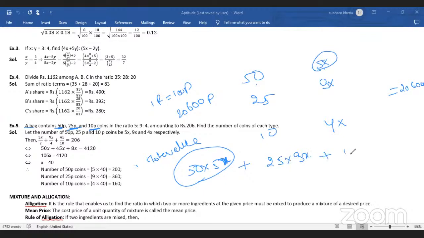Tell me fast. Tell me, guys. Are all of you sure you understood this?